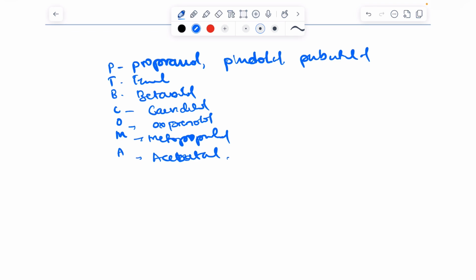So these are the drugs which are highly lipid soluble. First PTB are highly lipid soluble, and these are moderately lipid soluble. The rest of the beta blockers are weakly lipid soluble.